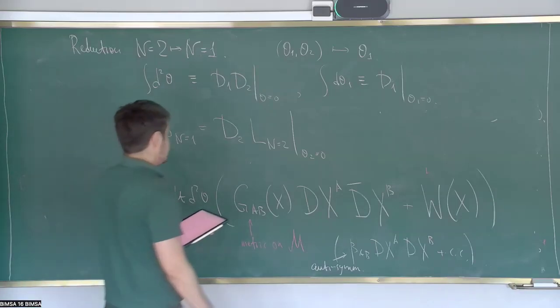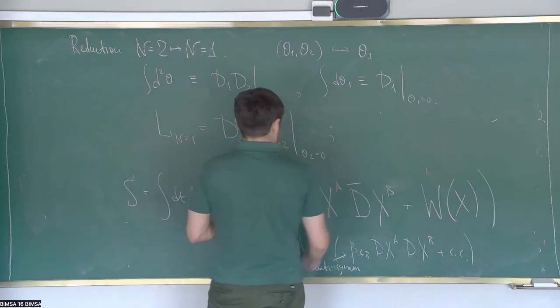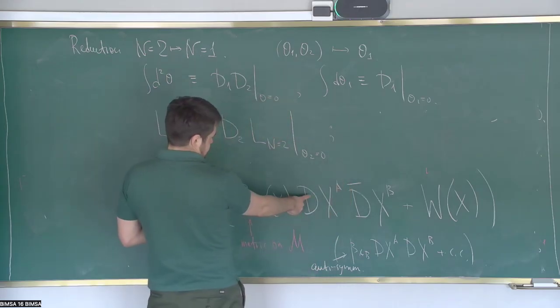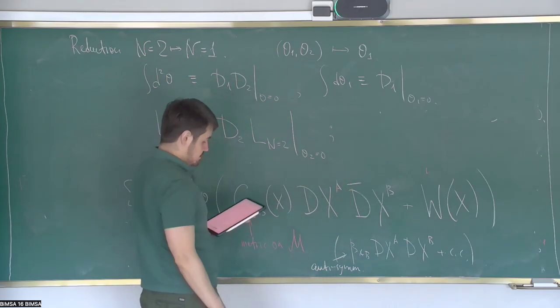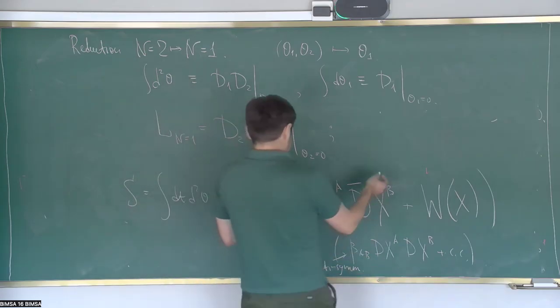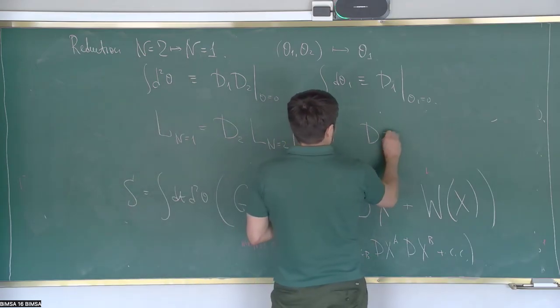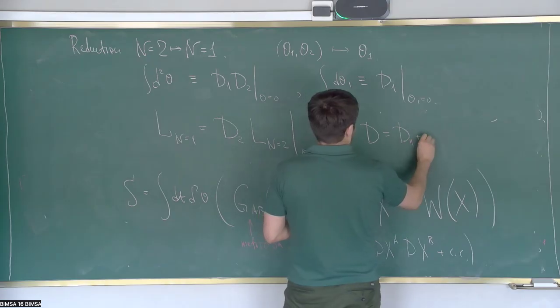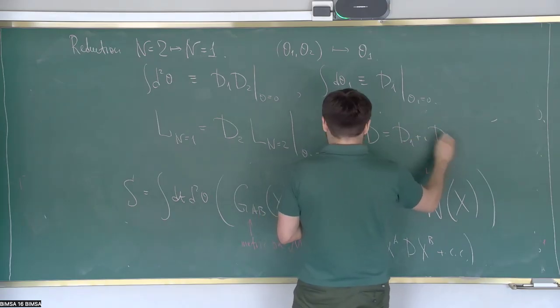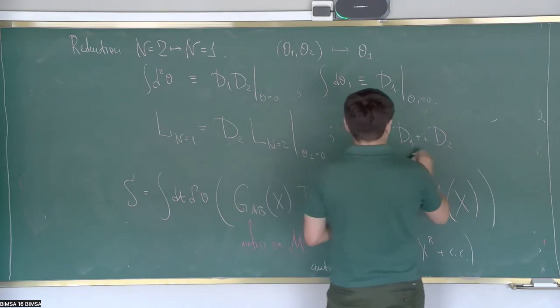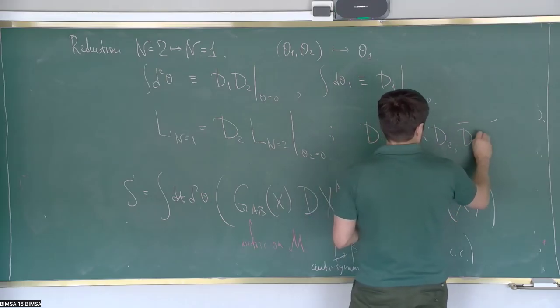But we should recall, the derivatives that stand here are these chiral derivatives, complex derivatives. So d is d1 plus i d2. Accordingly, d bar is d1 minus i d2.